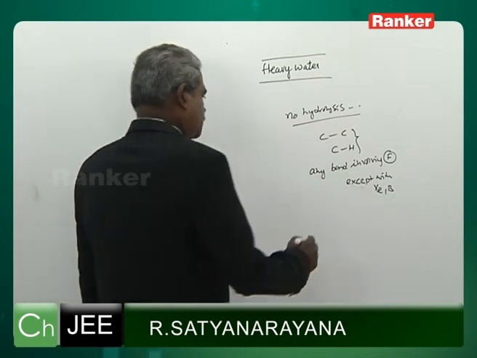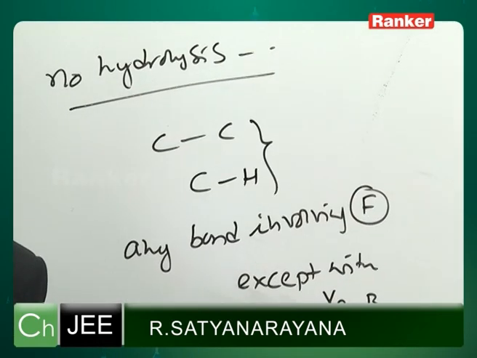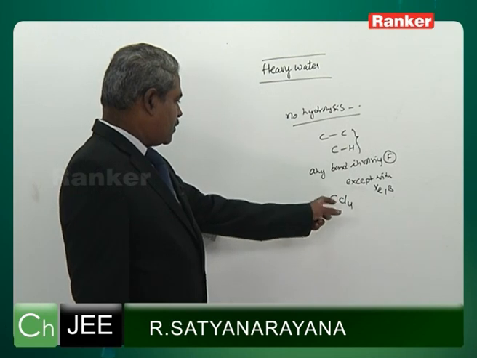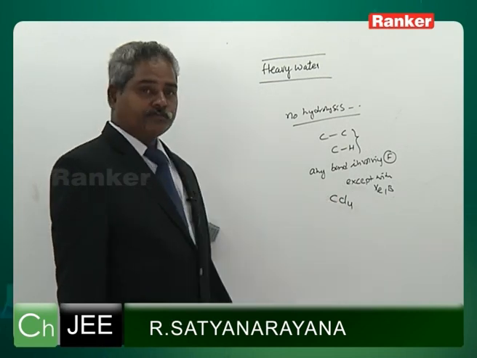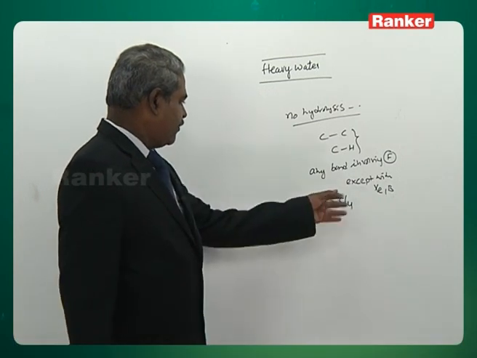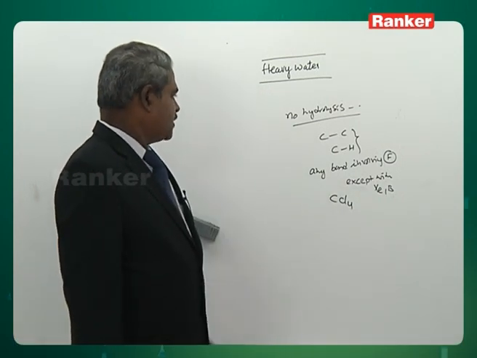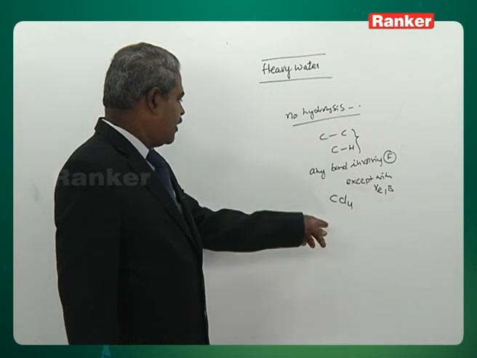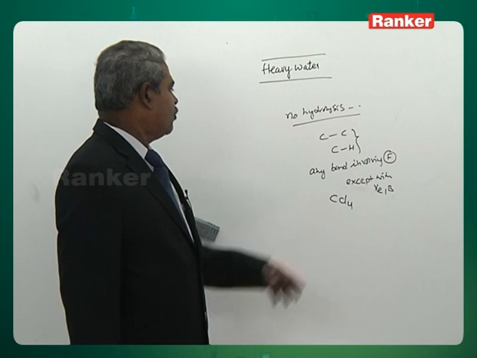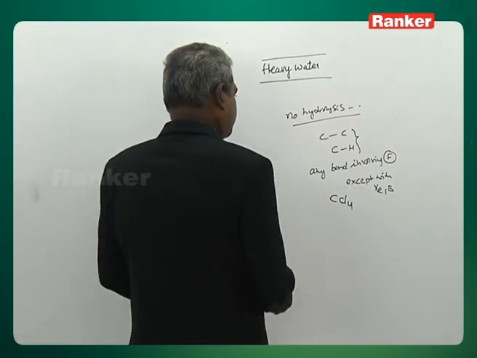Now, CCl4 doesn't undergo hydrolysis. CCl4, a net non-polar molecule, doesn't undergo hydrolysis because of non-availability of vacant orbitals. Carbon-hydrogen, CCl4, any bond involving fluorine except with xenon and boron, like that.